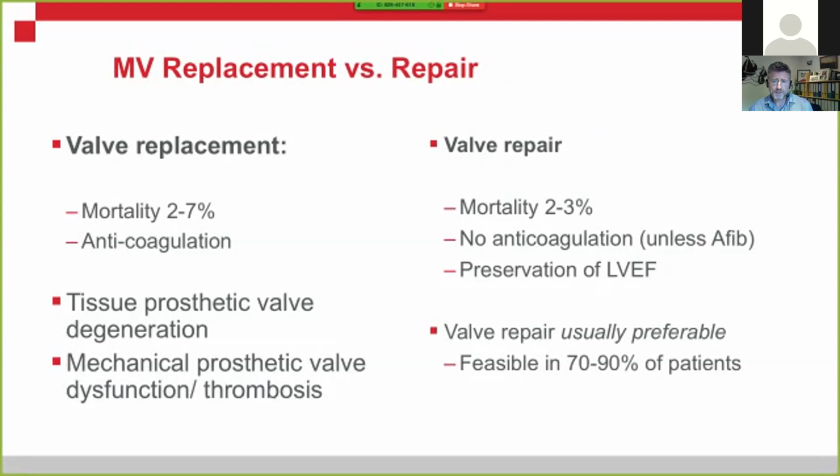Because they still have the native valve in situ, patients don't require anticoagulation unless there's another indication such as atrial fibrillation. And there's preservation of left ventricular ejection fraction. Valve repair is usually preferable and certainly is feasible in 70 to 90% of patients.